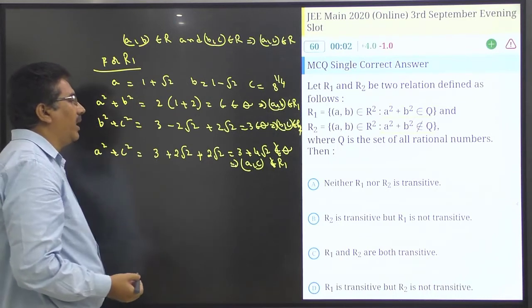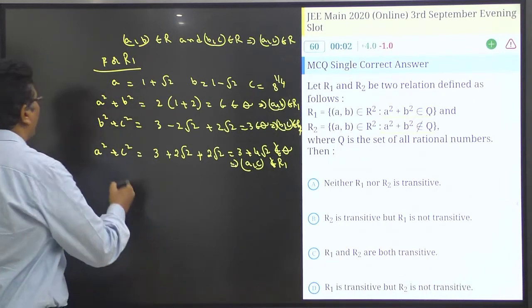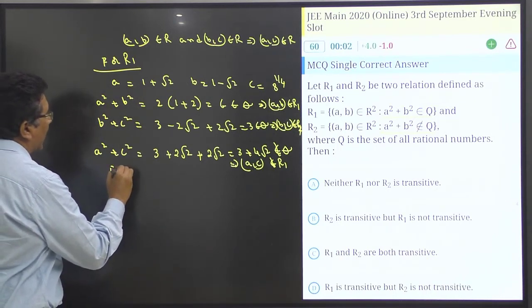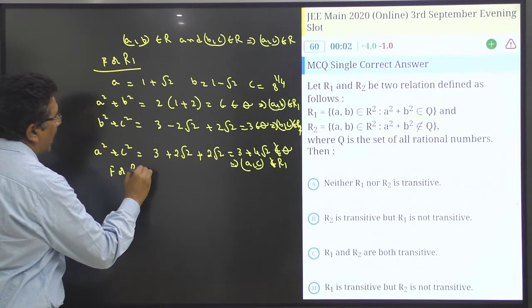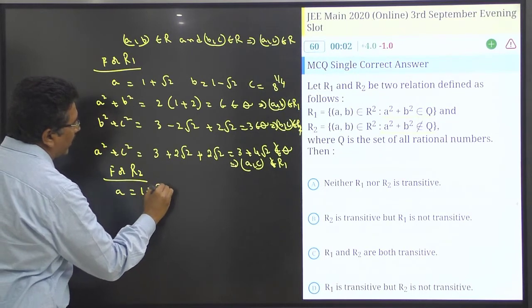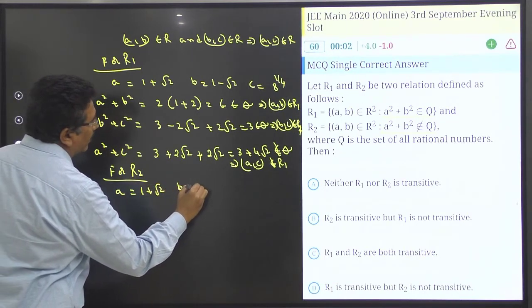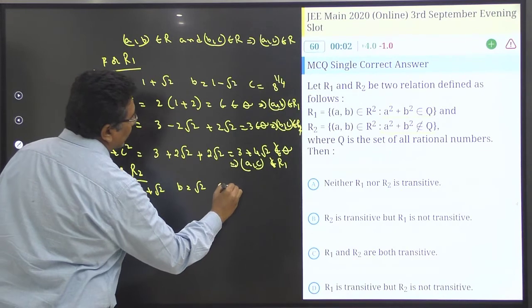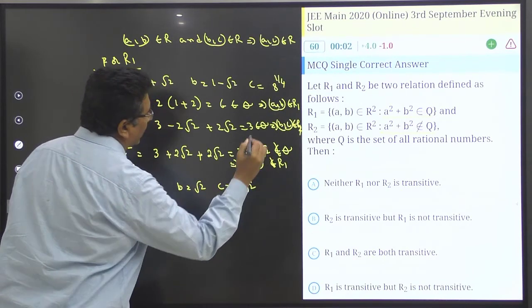Now, verify whether R2 is transitive or not. For R2, let a is equal to 1 plus root 2, b is equal to root 2, c is equal to 1 minus root 2.